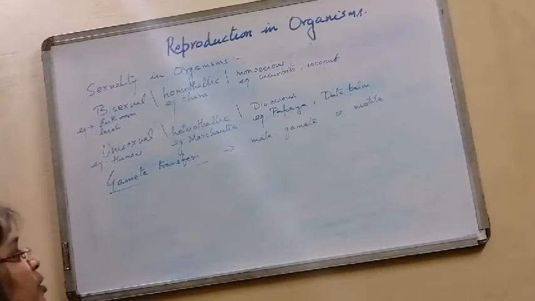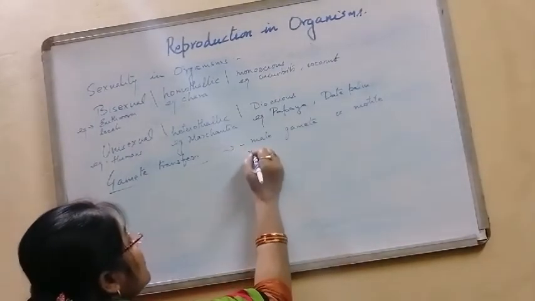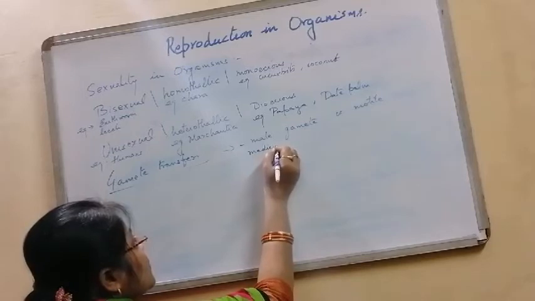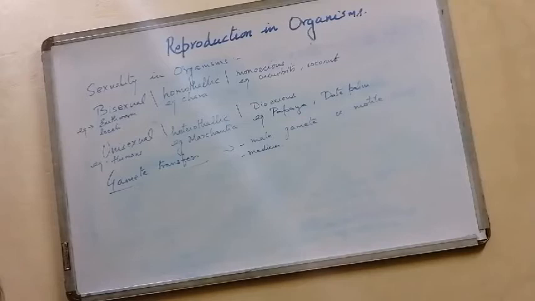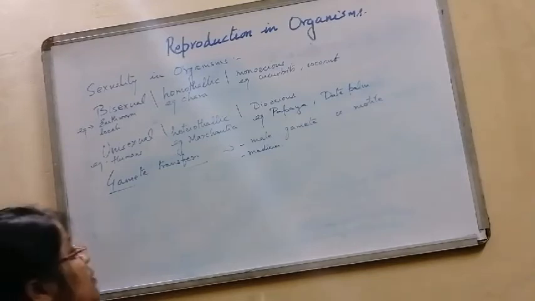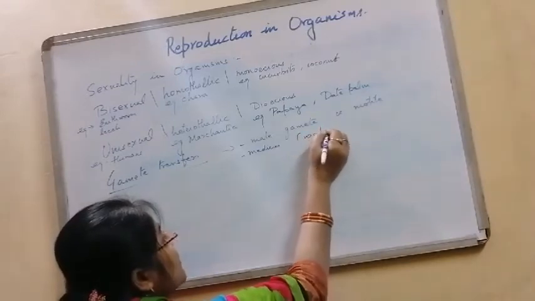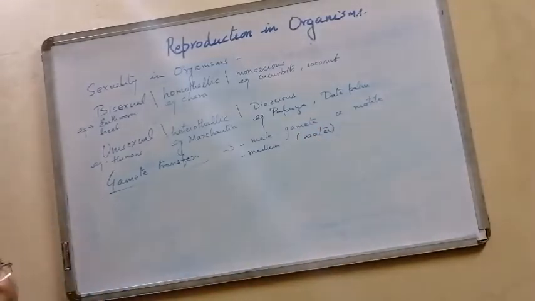For its movement, it requires a medium, and mostly this medium is water. Whether it is fishes or whatever organisms you look at, animals or plants, and lower plants also, like bryophytes, pteridophytes, algae, you have read that they require water. Male gametes require water for their transfer to the female gametes.